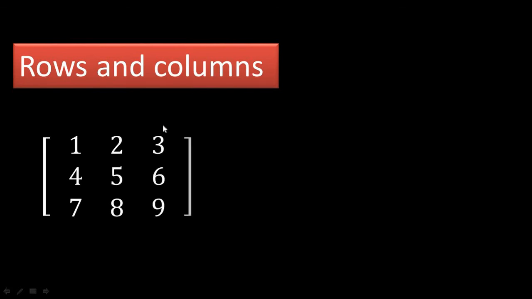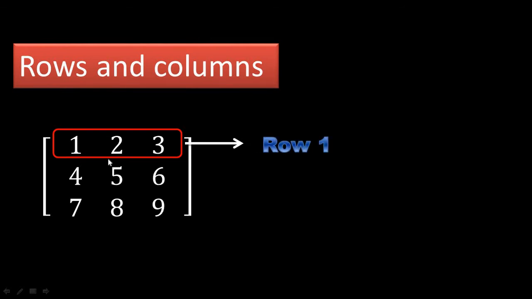Now, there are specific lines in a matrix that are called rows and columns. I take a matrix, real numbers are arranged in square brackets. These horizontal lines are called rows in this matrix.